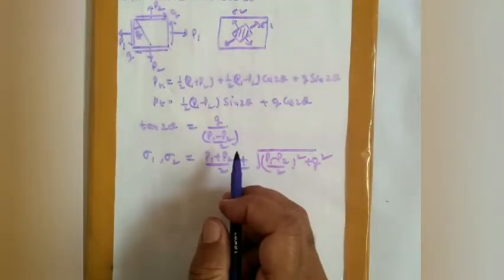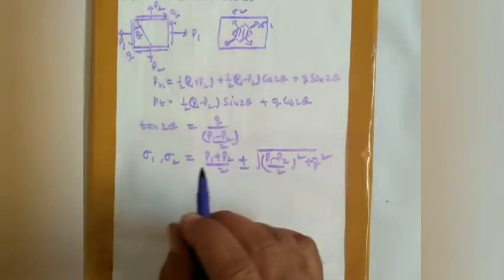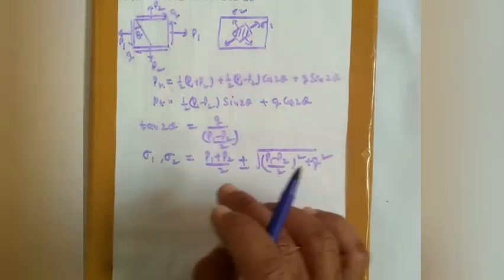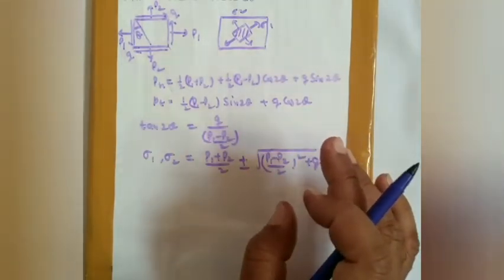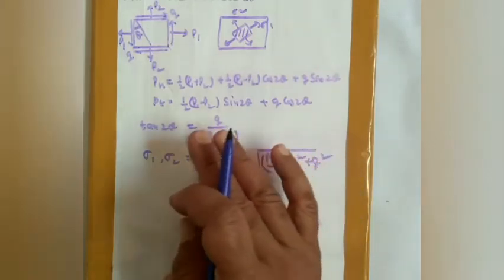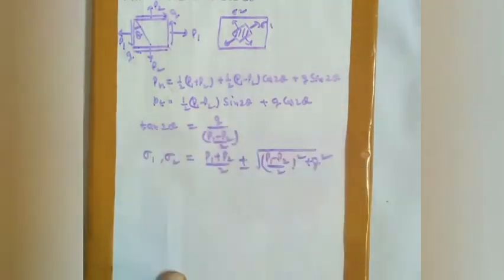When describing principal stresses and principal planes, we said on principal planes there is no shear stress, only normal stresses are present. So let us prove that shear stress is 0 for this theta.